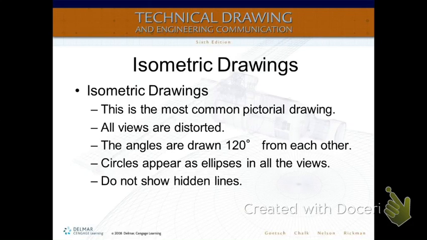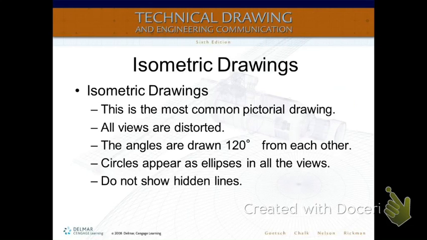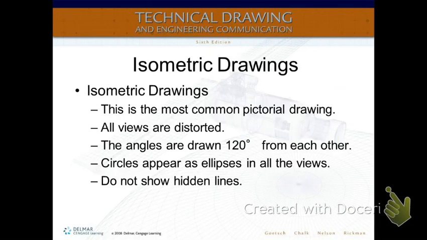Circles appear as ellipses in all the views. Do not show hidden lines. This is crucial. We'll talk a little bit more about how to do the circles in an ellipse fashion in AutoCAD when we get through some more of the PowerPoint.